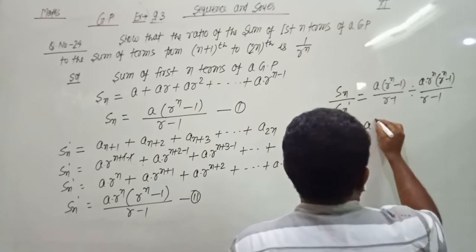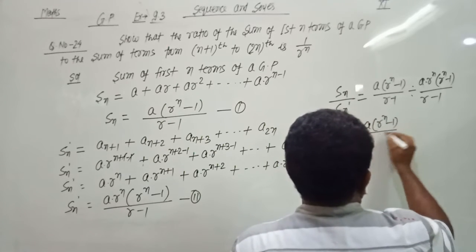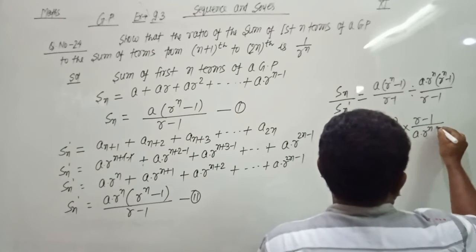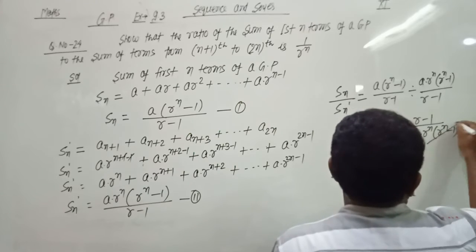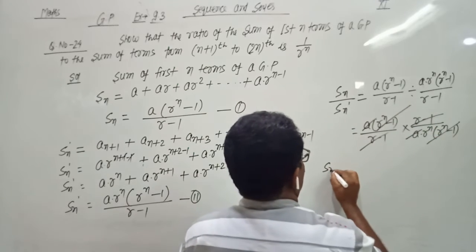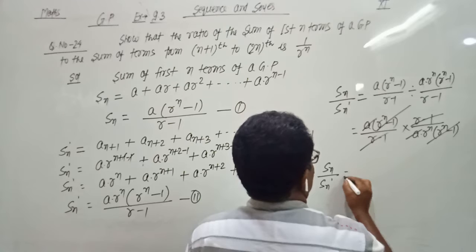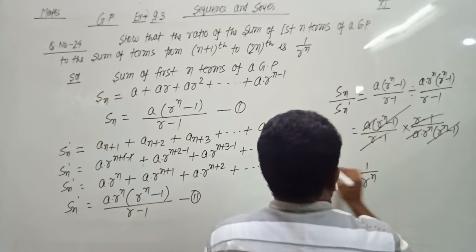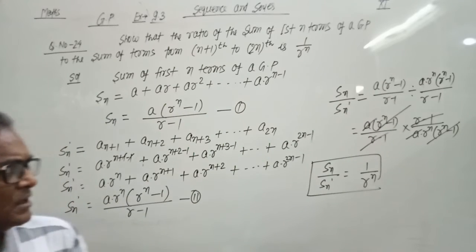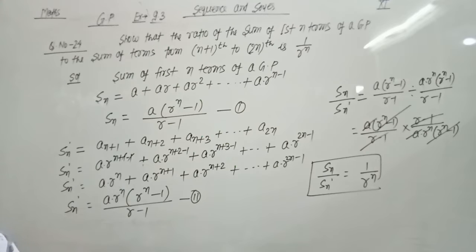When we write it in multiplication form, it becomes a into r raised to the power n minus 1 into r minus 1 upon a into r raised to the power n into r raised to the power n minus 1 into r minus 1. The r raised to the power n minus 1 gets cancelled, r minus 1 cancelled, a cancelled, and the ratio comes to be Sn upon Sn dash equals 1 upon r raised to the power n. And this is what we had to prove: the ratio of the sum of first n terms to the sum of terms from n plus 1th to 2nth term is 1 upon r raised to the power n.